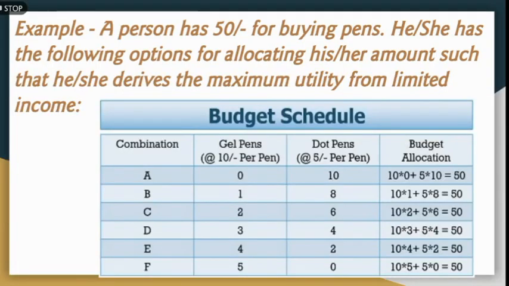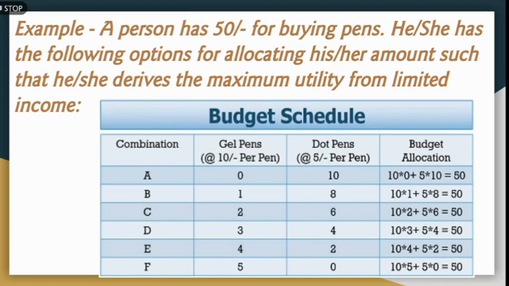Here we have taken an example that a person has only 50 rupees and he wants to purchase a pen. A pen can be a gel pen or a dot pen. As per the example, a gel pen is 10 rupees and a dot pen is 5 rupees. So with his given income of 50 rupees, how many gel pens can he purchase and at the same time how many dot pens can he purchase, all that is represented in the table.